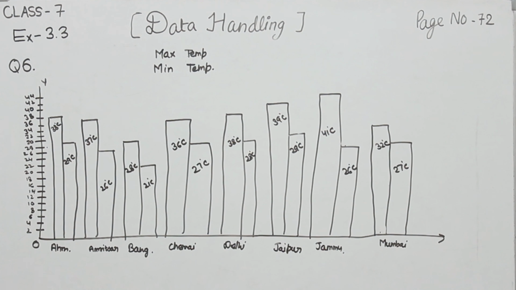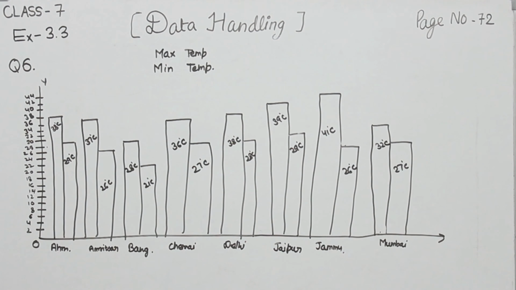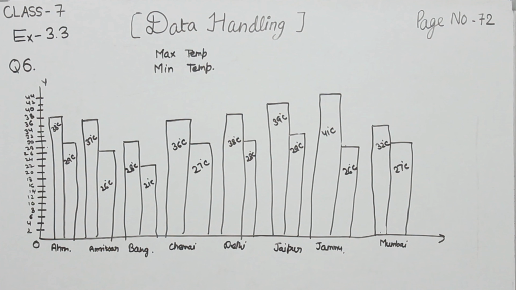Now we'll have to answer the given questions. The first question is, which city has the largest difference in the minimum and the maximum temperature on the given data? So we'll compare the given table. As per the table, Jammu has maximum temperature 41 degrees Celsius and minimum 26 degrees Celsius. So this is the biggest difference.